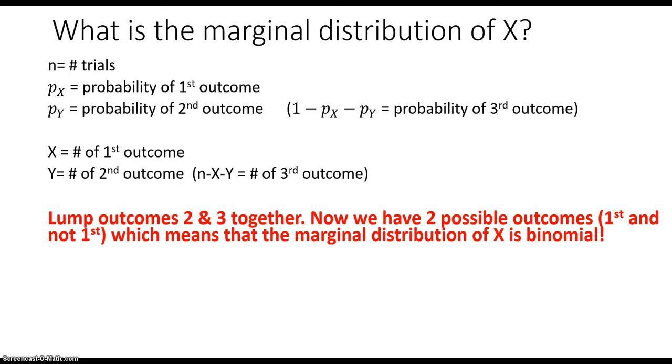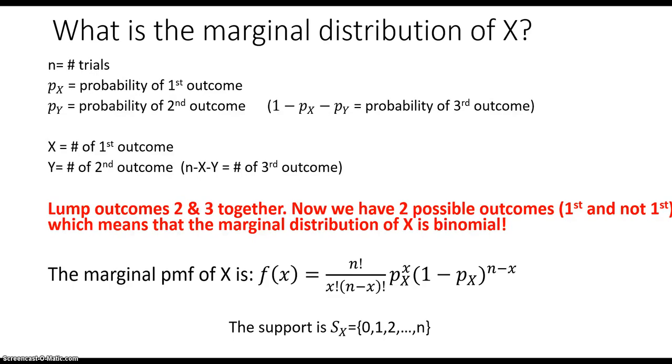That means the marginal distribution of x is binomial. So the marginal distribution of x is going to have the probability mass function given by the binomial distribution with p equal to our p sub x, and the support will be the integer values from 0 up to n.